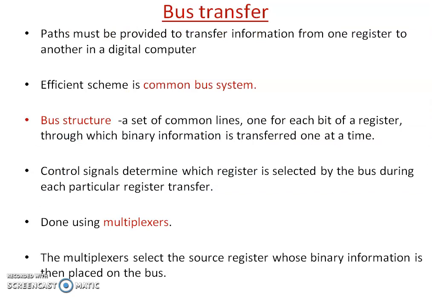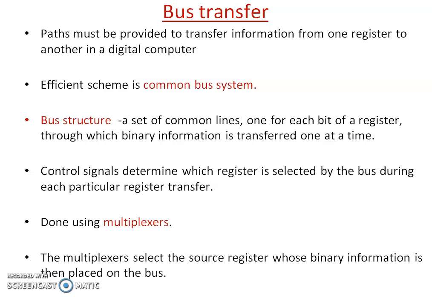We moved to the next part, which is very necessary during the inter-register transfer, that is the bus. So the bus plays a vital role in the transfer of any information between the registers. The bus structure we have seen will have a set of common lines, one for each bit of the register, through which binary information will be transferred one at a time.